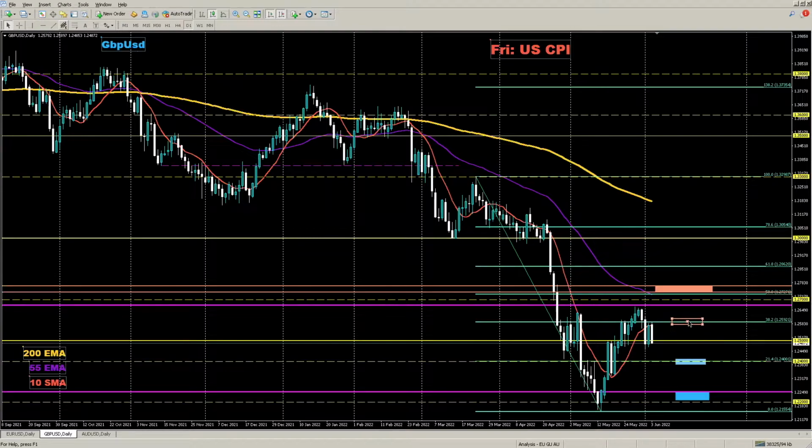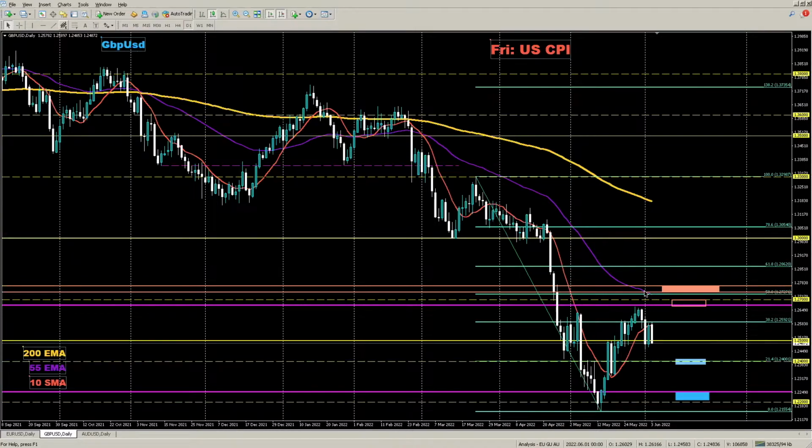And perhaps you may move this slightly up into the 127 figure area. Okay. And above that, there's a very strong resistance area.